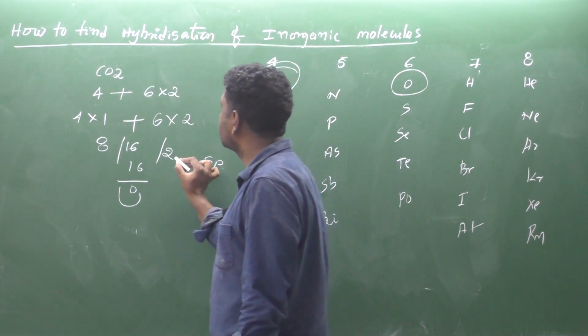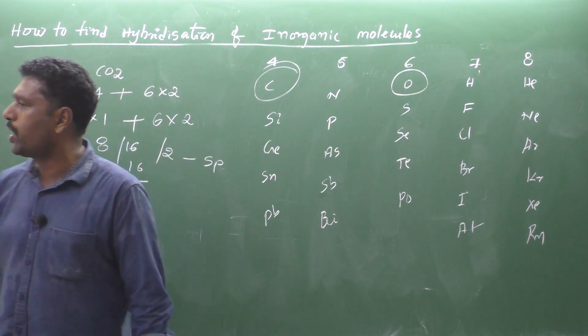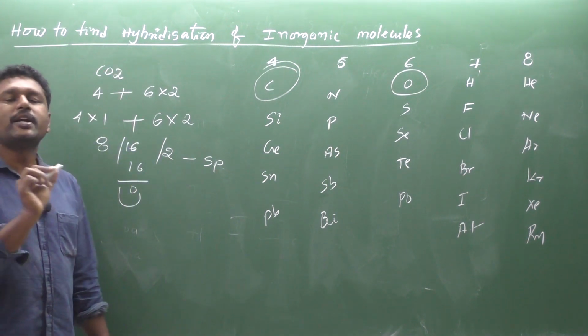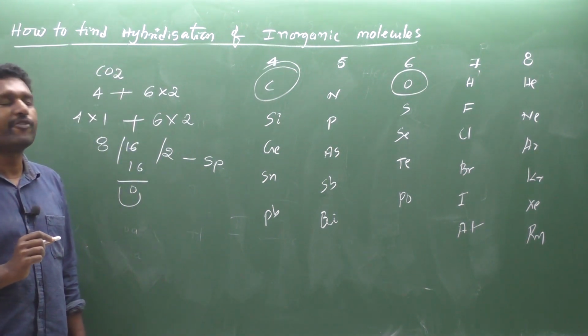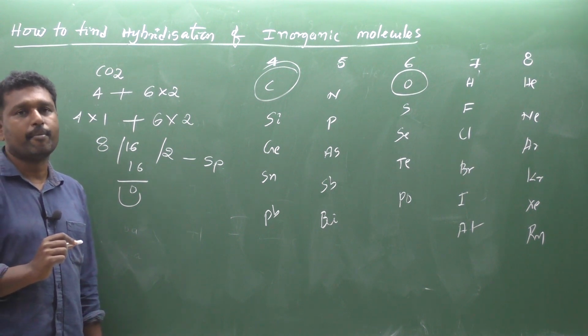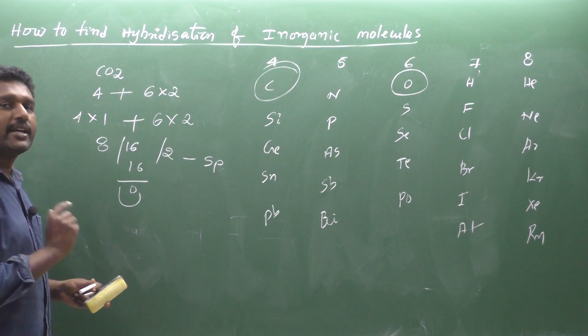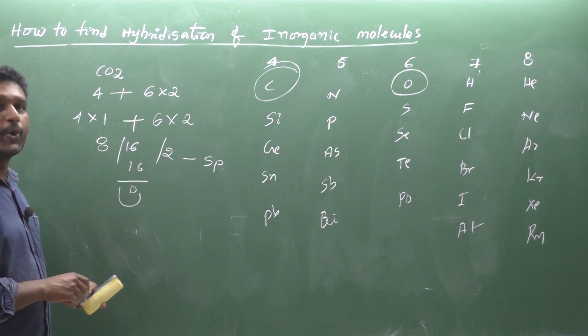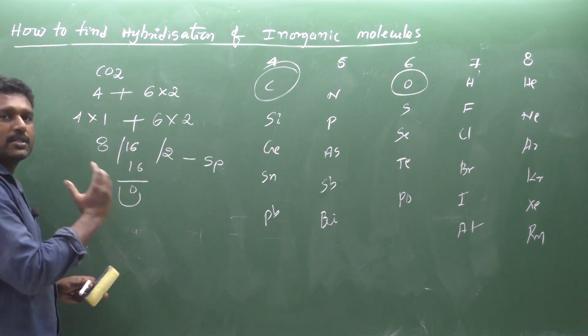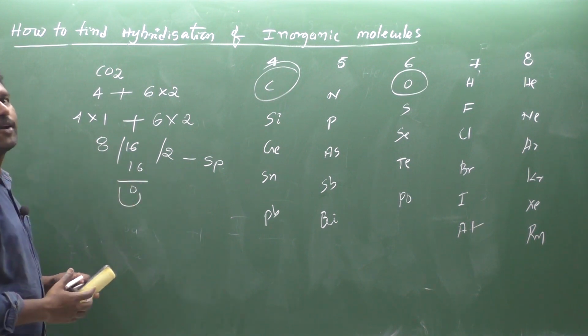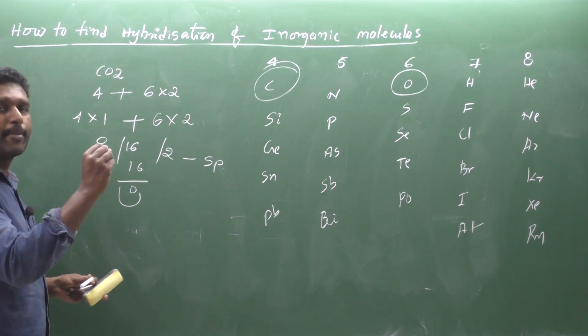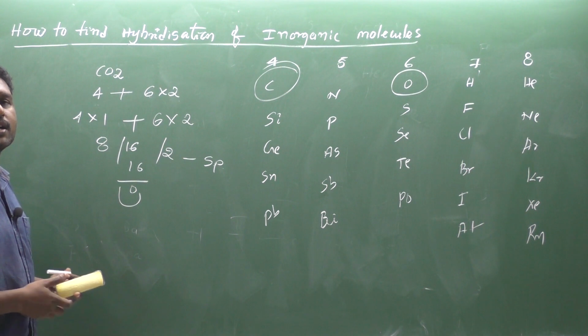Based on this value, we will decide the hybridization of inorganic molecules. If this value is 3, then its hybridization is sp2. I will give this diagram and also a table showing the number and the hybridization of the central atom.